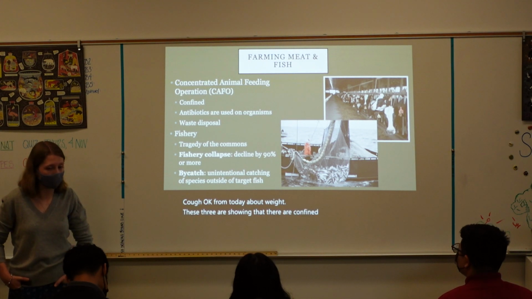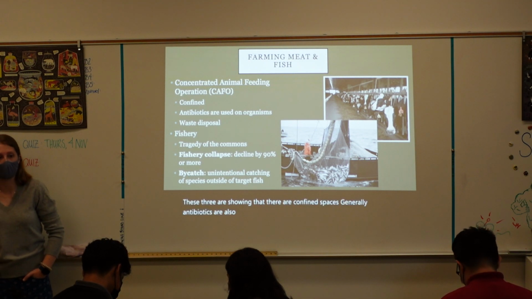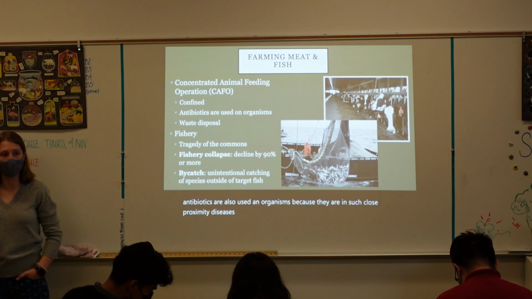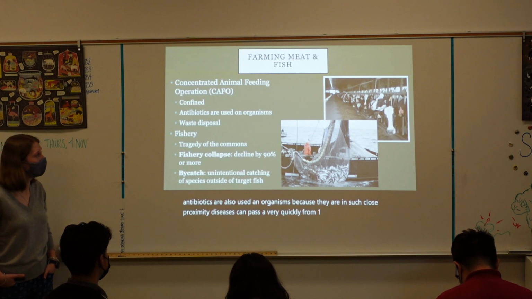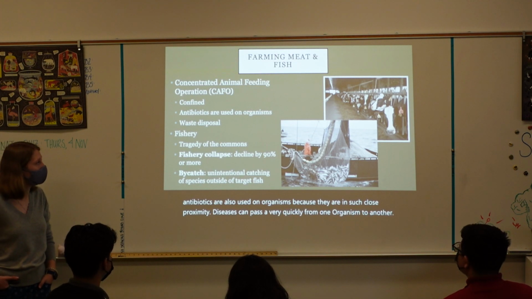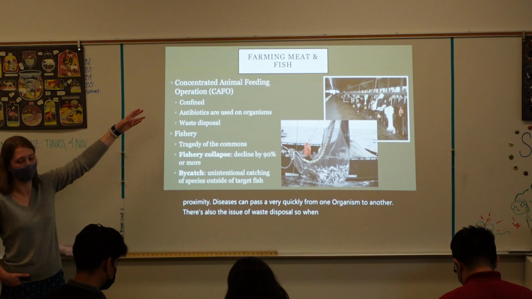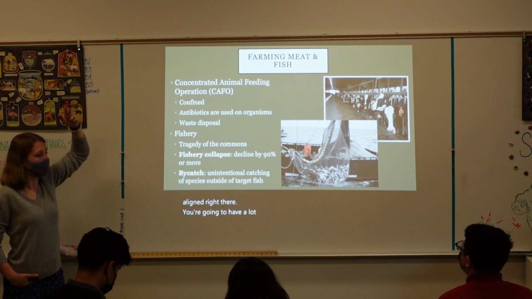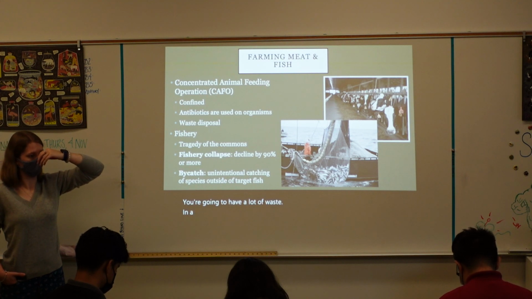Generally, antibiotics are also used on organisms because they are in such close proximity. Diseases can pass very quickly from one organism to another. There's also the issue of waste disposal. So when you have that many cows lined up right there, you're going to have a lot of waste in a very small location.